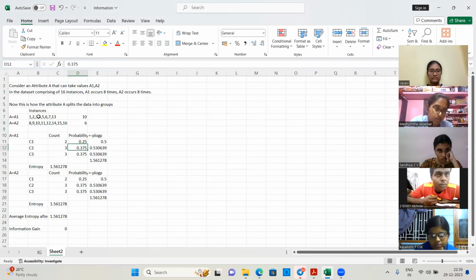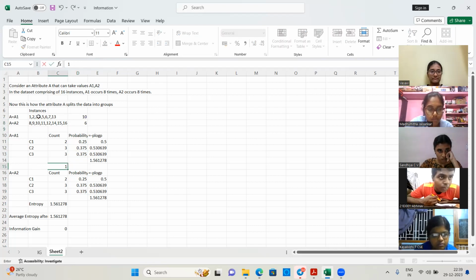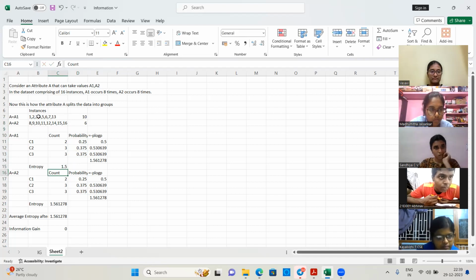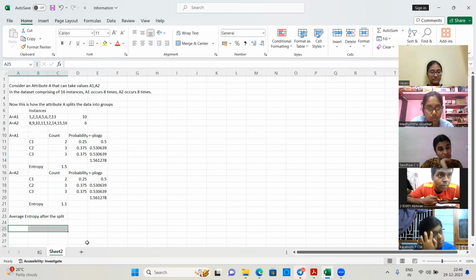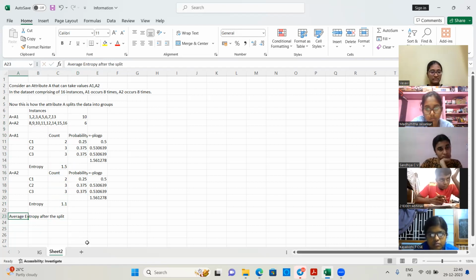And let's say this entropy, I want to keep it simple, were to be 1.5. And let's say this entropy were to be 1.1. The question that I have, and I don't want the usual suspects to answer this question. When I say usual suspects, the Sirishas and the Abhinavs and the Kayal Viris and the Sandhyas of the world, I want someone else to answer this. What would be the average entropy after the split?